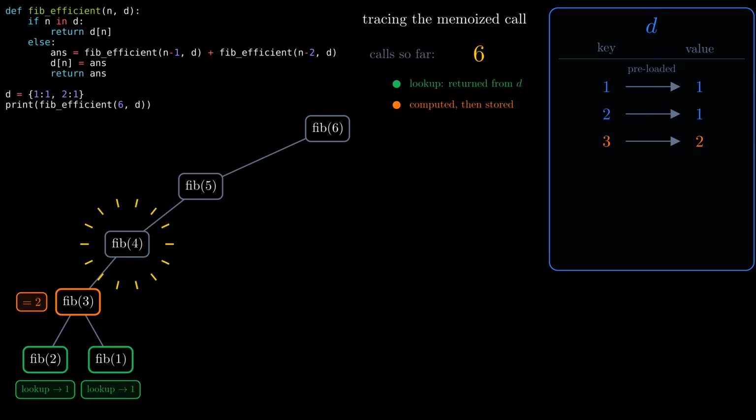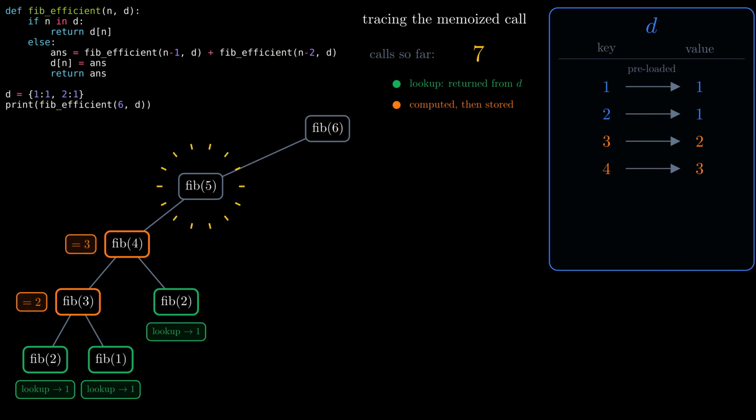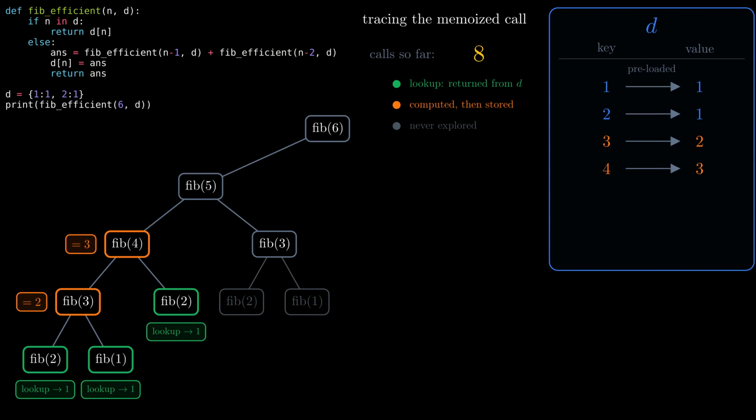So far, this looks much like the old trace, except that we are recording as we go. Back at 4, the right-hand call asks for Fibonacci of 2. It is in the dictionary, so the sum finishes at once, and we store key 4, value 3. Back at 5, the right-hand call asks for Fibonacci of 3. Last time, this is where we re-explored a whole subtree, walking down into 2 and 1 all over again.